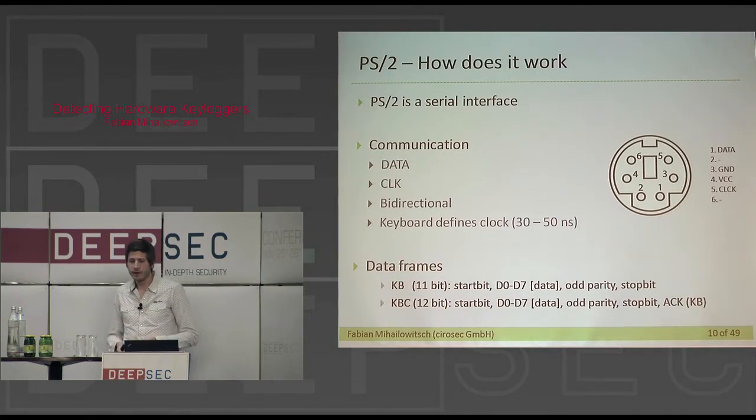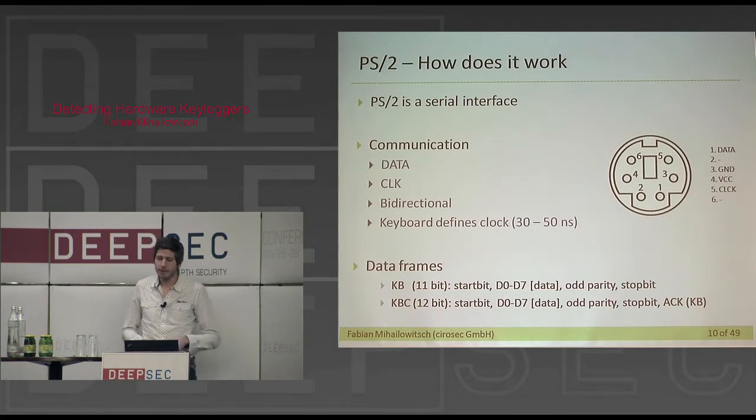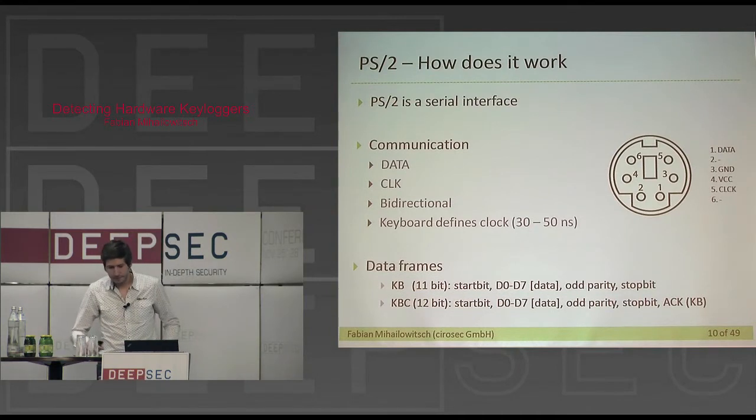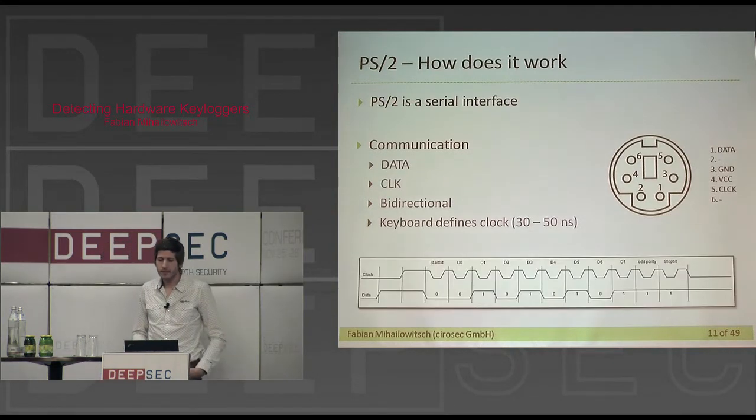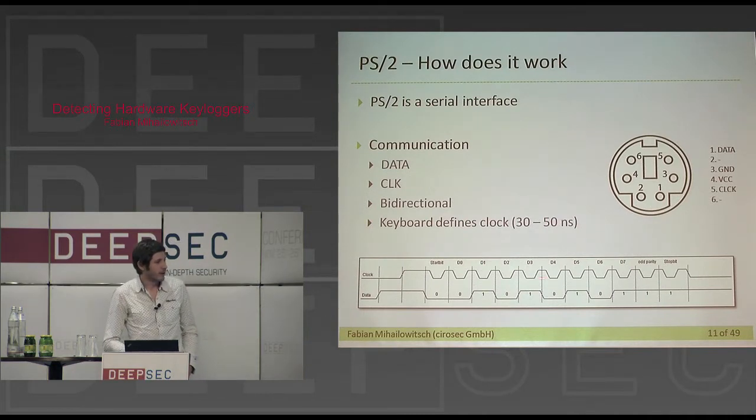You have a start bit followed by 8 bits of data, which is the byte that's transferred, then a parity bit and a stop bit. For the KBC side, you have basically the same, but with an additional acknowledge bit sent by the keyboard. Here you can see how it looks on the wire. You have the clock, and you have the data which are transferred right here. So it's quite simple for PS2.